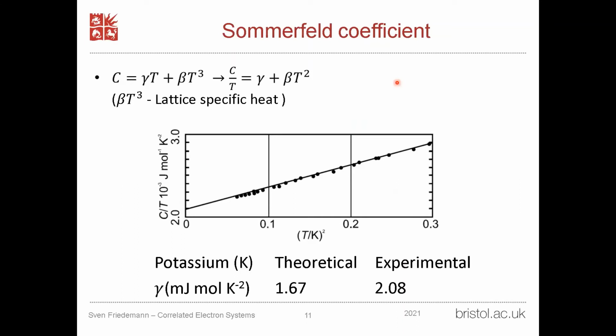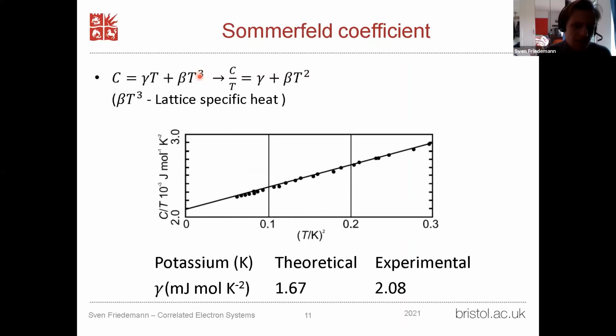We won't bother more about this, but nevertheless, you will find this type of plot many times over in literature. And the reason is that at low temperatures, we expect that there will be an electronic contribution to the specific heat and a lattice contribution to the specific heat. There could also be further magnetic contributions to the specific heat, but let's not concern ourselves with this because that's not the standard case. So if there are electron and lattice contributions, we expect them to be proportional to T and T cubed, respectively.